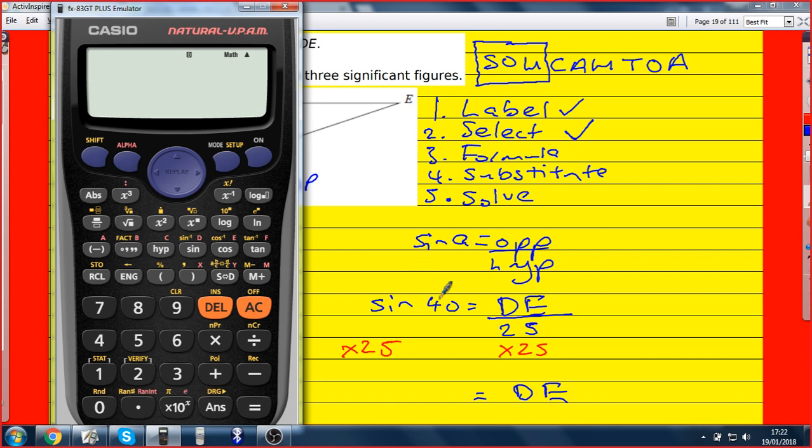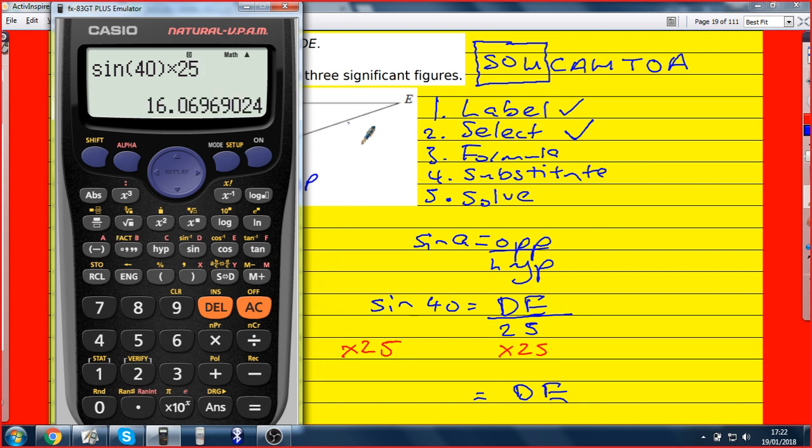Well, you can call it X if you want. We don't put that into a calculator. We're just putting the left side in. It's basically sine 40. So DE is sine 40 times by 25. So it's literally just sine 40 times by 25.